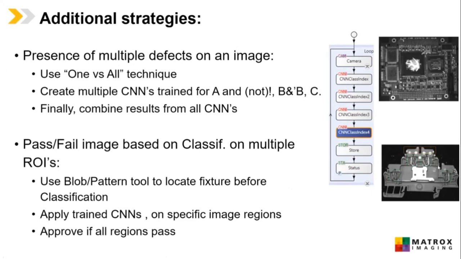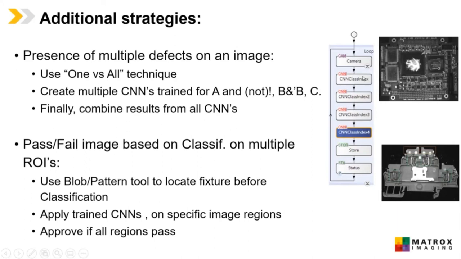In this case, we see this mechanical part, we fixture it, and we apply 4 different CNNs, each one corresponding to a different type of pass-fail for that region, and CNNs can be applied to small regions as well. And the overall result of the image of a pass or fail will depend on all these ROIs passing, right? So that's the whole idea.